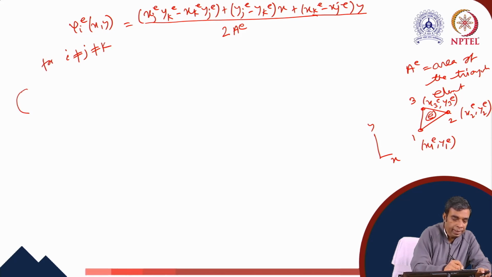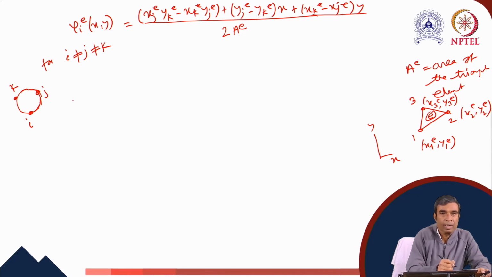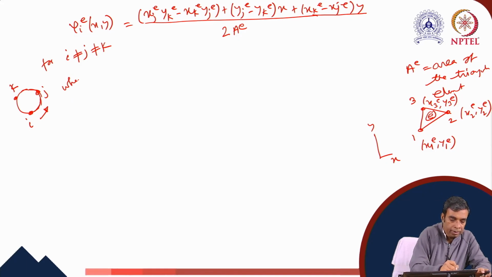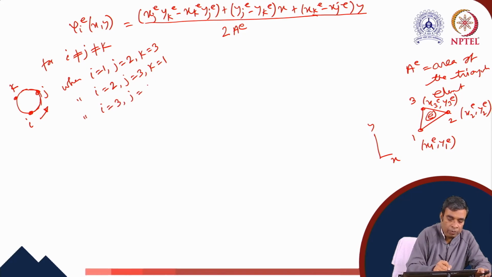Here i, j and k follow a cyclic permutation, with counterclockwise numbering of these indices. When i equals 1, j equals 2, we take k equals 3. When i equals 2, then j equals 3 and k equals 1. Similarly, when i equals 3, j equals 1 and k equals 2.